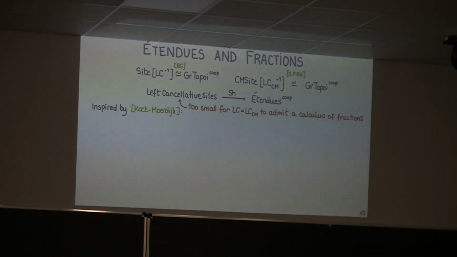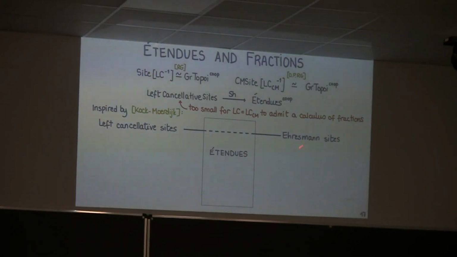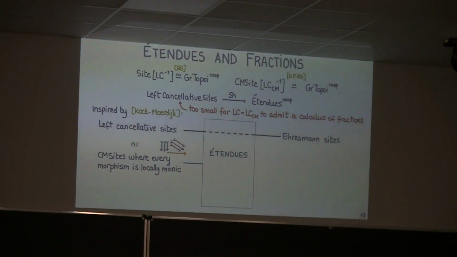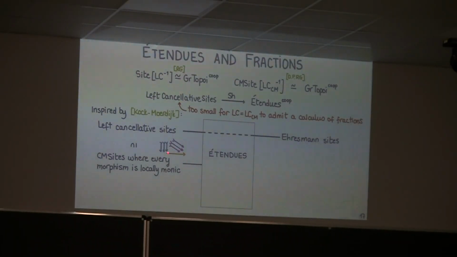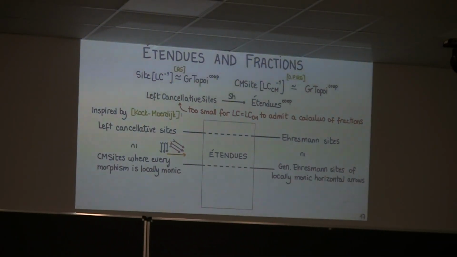And inspired by the work of Koch and Moerdijk on presentations of Grothendieck topoi, we have left cancellative and Ehresmann sites in correspondence. We can consider covering monoidal sites in which every morphism is locally monic, meaning they may not be monic, but there's a covering that makes them monic, and they correspond nicely to something on the other side. This is still not big enough.